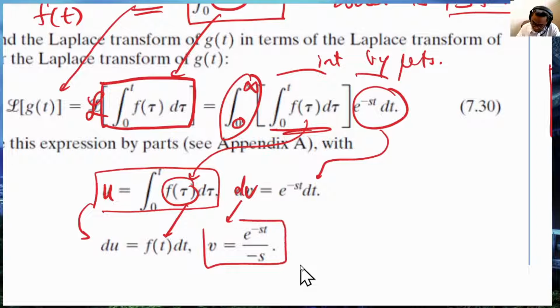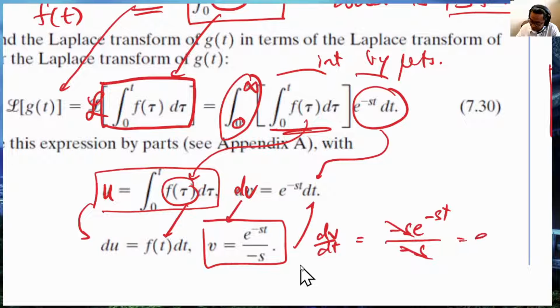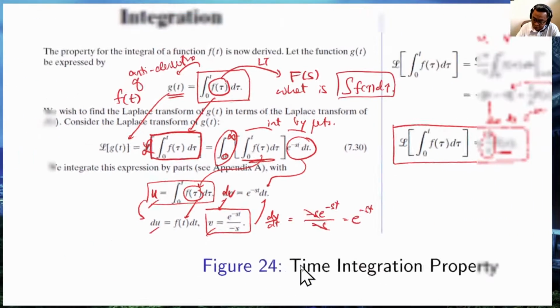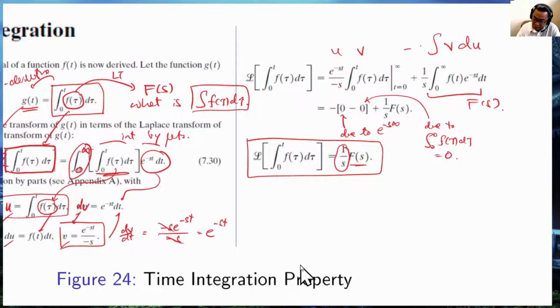So if you do not believe me, all you need to do is differentiate v with respect to t, and you'll get minus s e to the minus st over minus s, and then this cancels, and you get e to the minus st. So this is okay. So we have found u and v, du and dv, and we can put it into the equation to solve, which is uv minus the integral of v du.